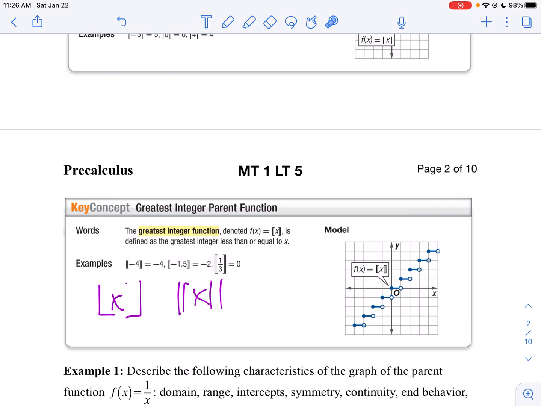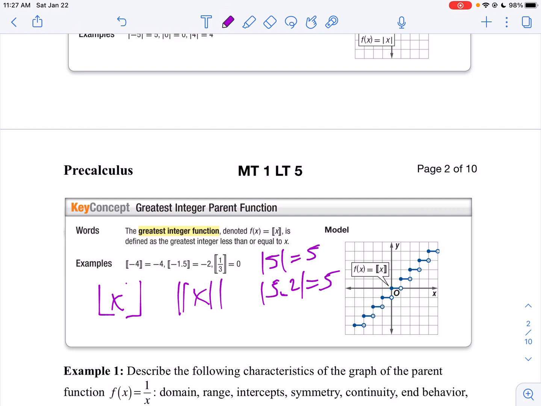So for example, the greatest integer function of 5, well, that's 5. If I go a little bit bigger, like 5.2, that's also 5, because the biggest integer that's less than or equal to 5.2 is 5.